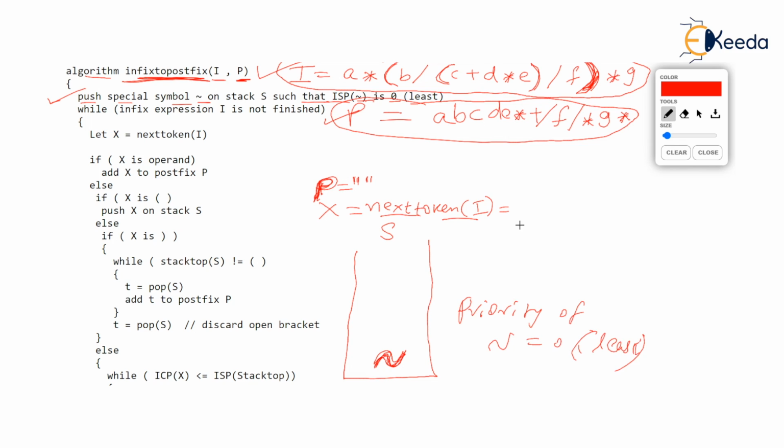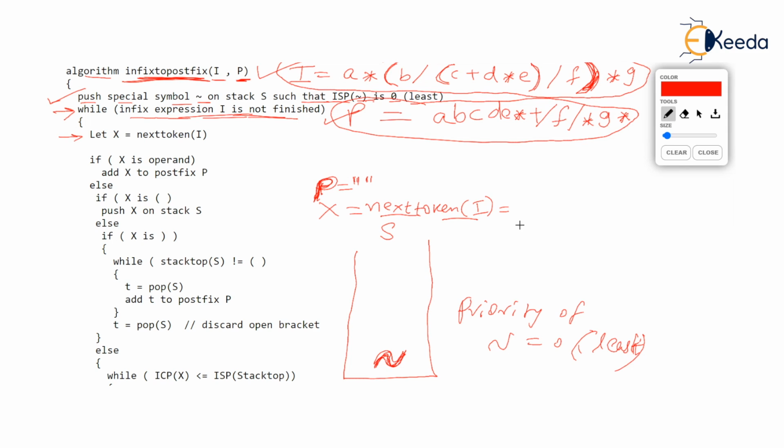Now the entire algorithm is controlled by the while loop: while infix expression I is not finished, continue. So infix expression I is a very big infix expression, and we start scanning it from left to right. So let's go into the while loop and let's take the next token.